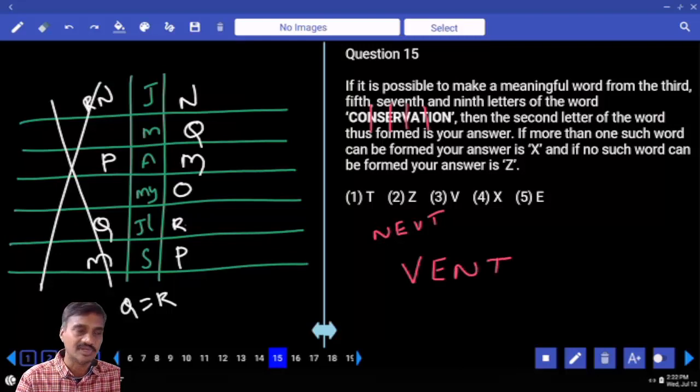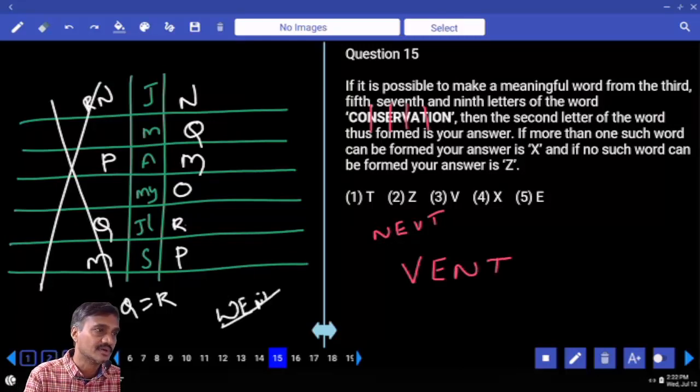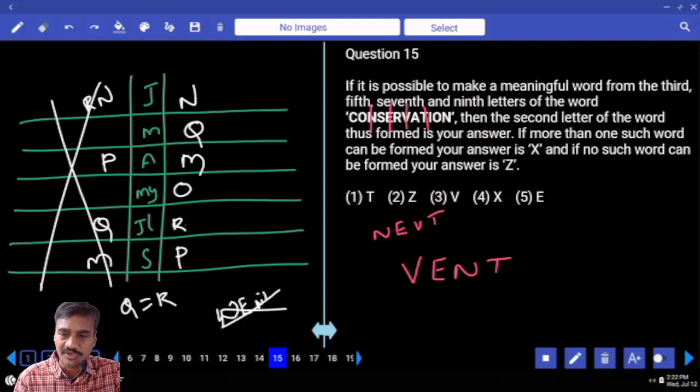What do you mean by this one, vent? This vent is different to W-E-N-T, went, isn't it? Vent means a small hole through which ants and rats will move. That's what we call a small hole. Now in this one, the second letter of the word from your answer. And what is the second letter here? E, that is the choice for question number 15.